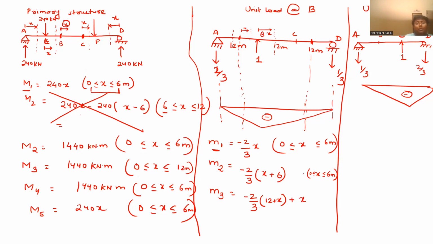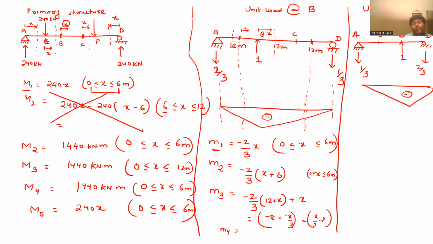One more load also will give rise to some bending moment, no? Minus 1 into x, plus 1, sagging. So upon simplification, it will be minus 8 plus x/3, or x/3 minus 8 you can write.